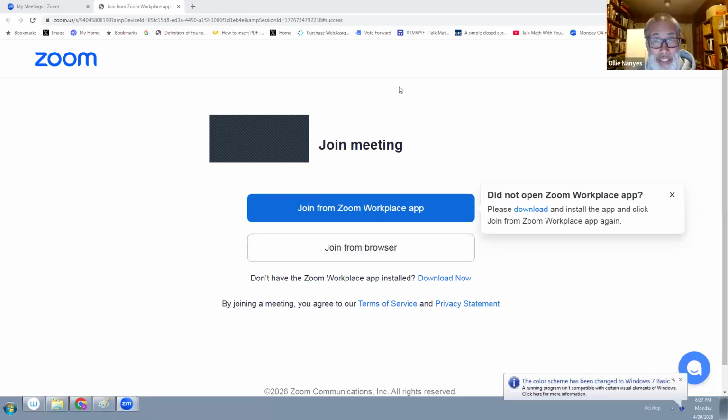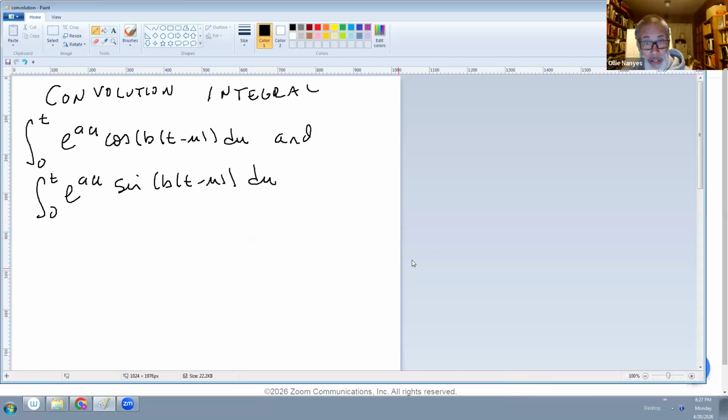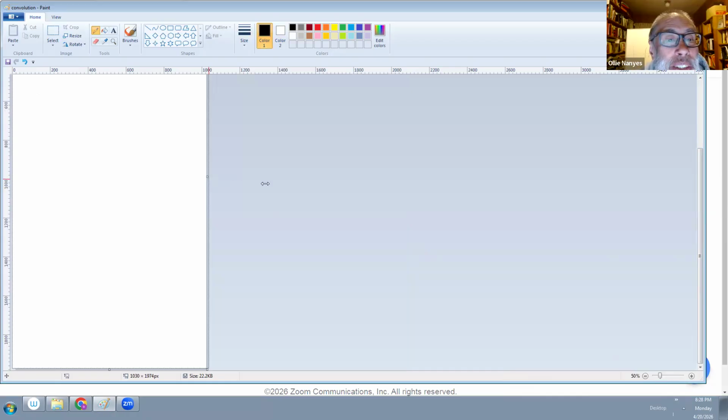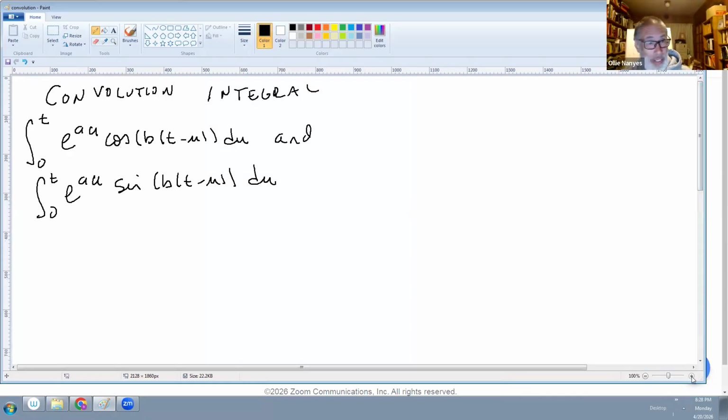And let's get rid of this nonsense here. And so here's the convolution integrals that we're interested in. Now, the way I want to do this, and I want to get my screen set up just a little bit better than this, give us a little bit more room to work, is instead of doing these integrals directly, which involve multiple integration by parts, I know you do this in Calc 2.